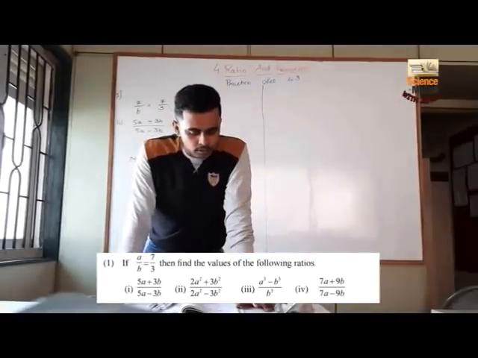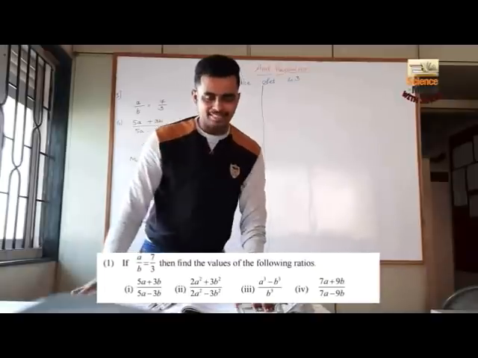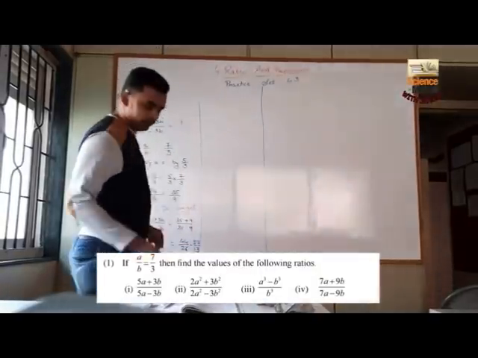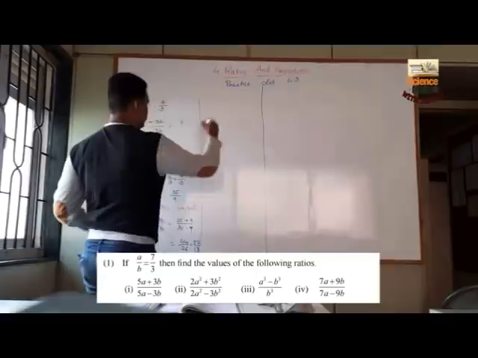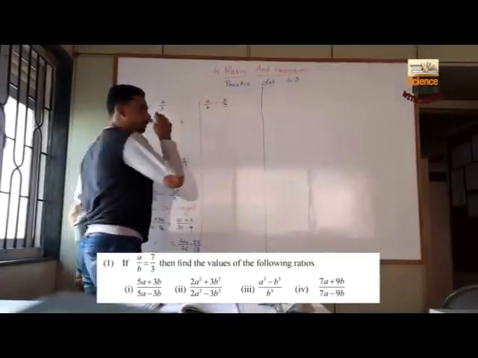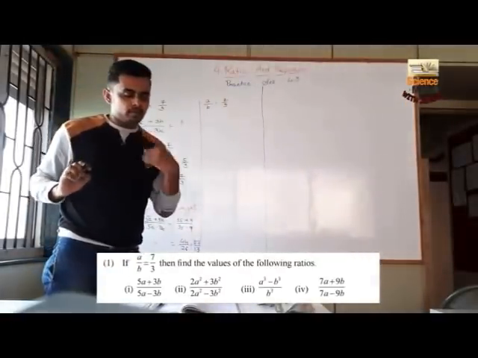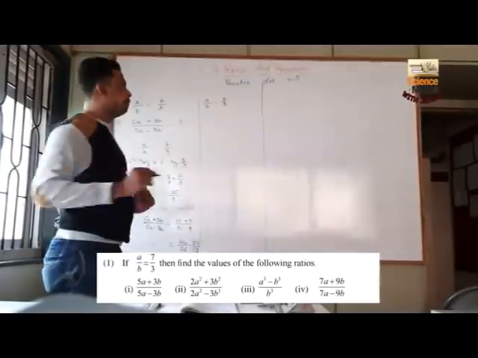Second question, 2a square plus 3b square upon 2a square minus 3b square. Again we will do what we have already done. a upon b is equal to 7 upon 3. Now the first thing is that we are not supposed to find a upon b, but a squared and b squared.